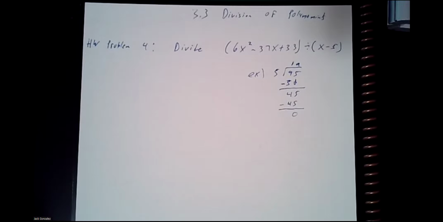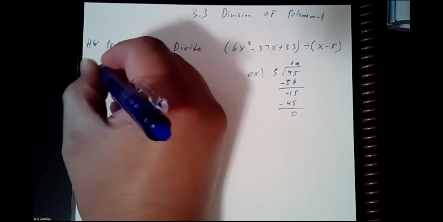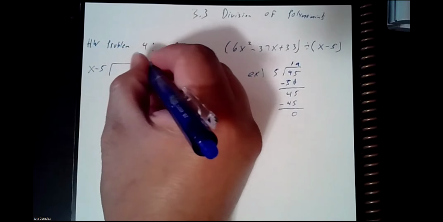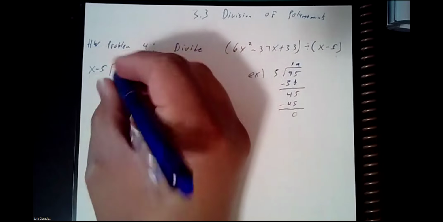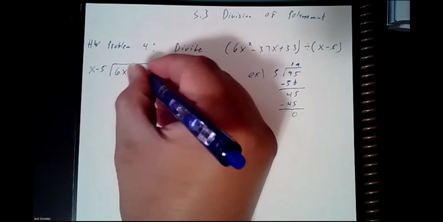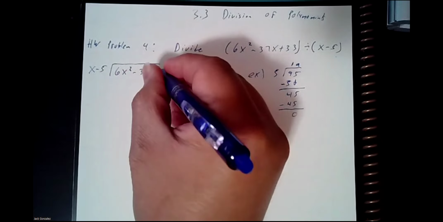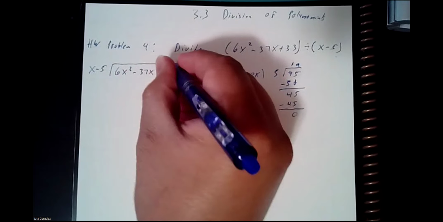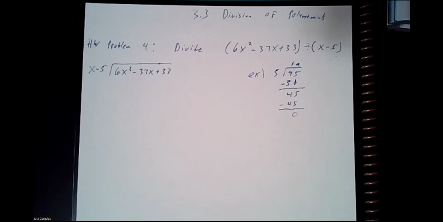Similarly, this is the pattern we're going to follow. If you remember the old school division, this is dividing into that one, so this goes inside the house. This is where it's different.